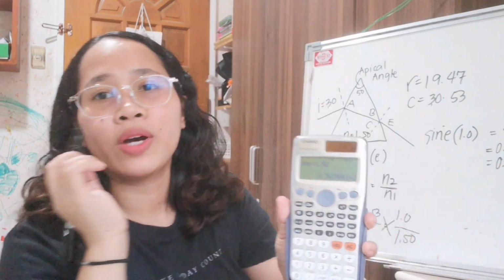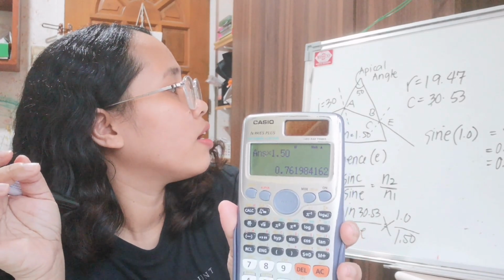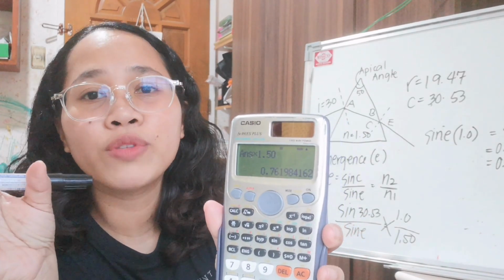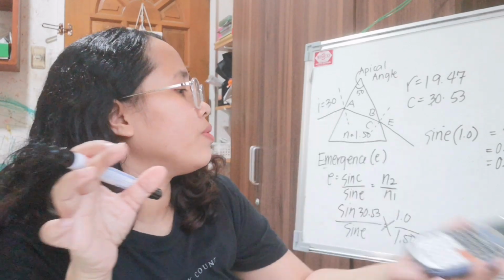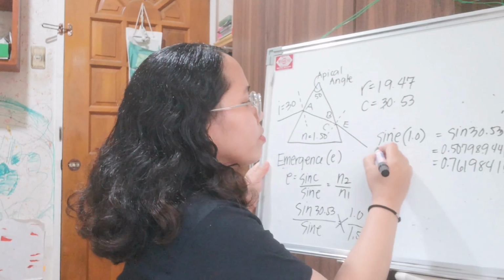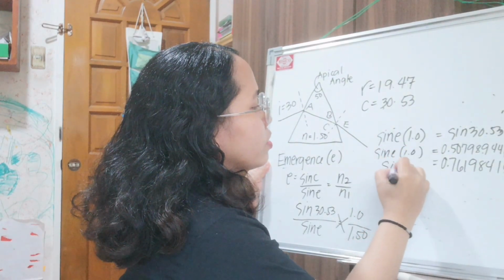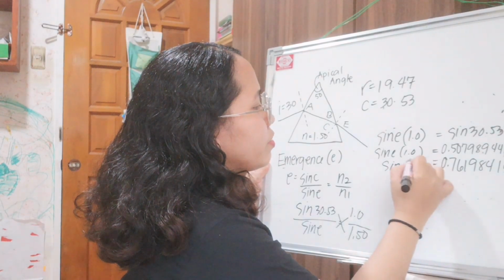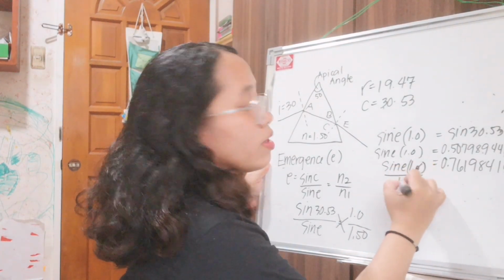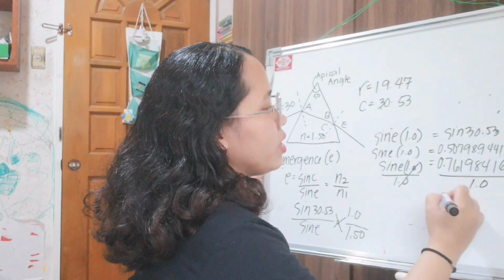So again, you will inverse sine so that first you have to cancel the 1.0. You have to distribute it. So sine E times 1.0 over 1.0 cancels, so it will be the same.